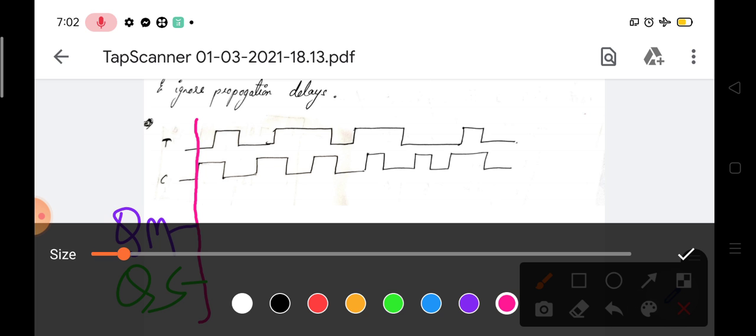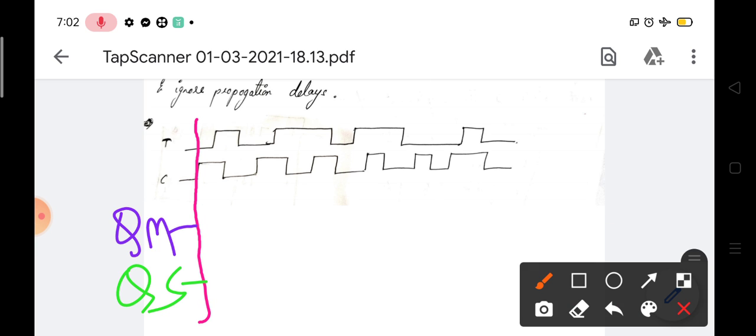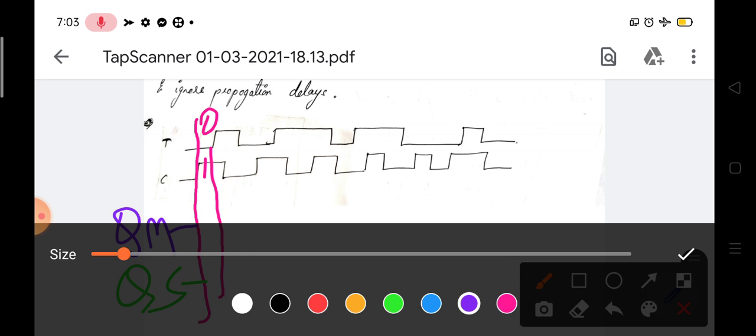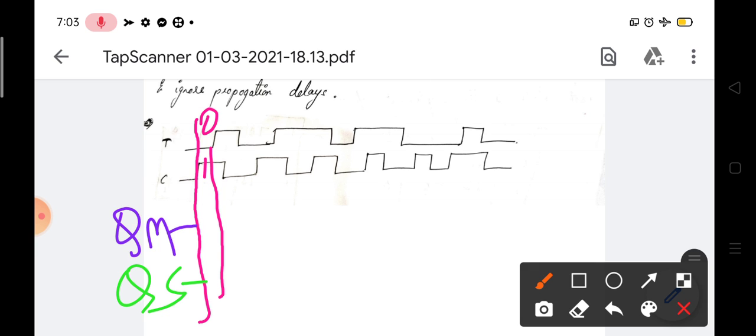So QM is 0 and QS is 0. Now up till here, T is 0 and clock is 1. It means if T is 0, my present output will follow the previous output.